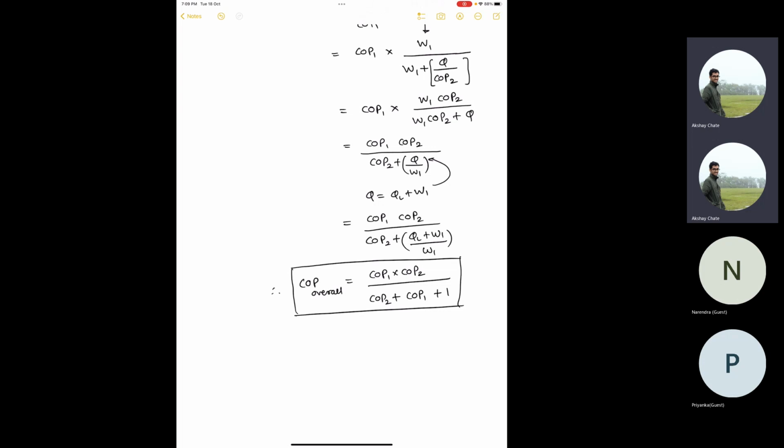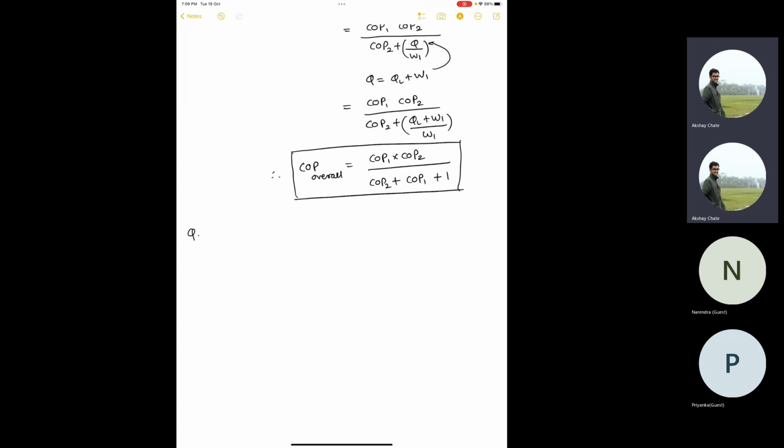One more question I think I have asked you earlier also. Can COP be less than 1? If you have solved some problems related to VCRS, you would realize that COP is usually greater than 1. It is about 2, 3, 4, something like that. It is not as high as 10, but usually 2 to 6 or so. But then the question is, can it be less than 1?